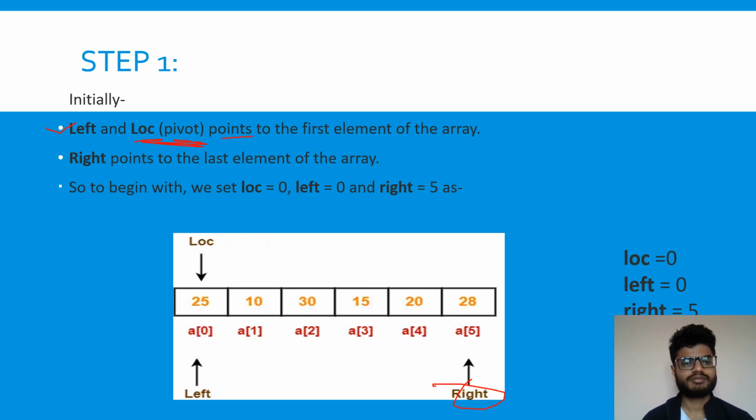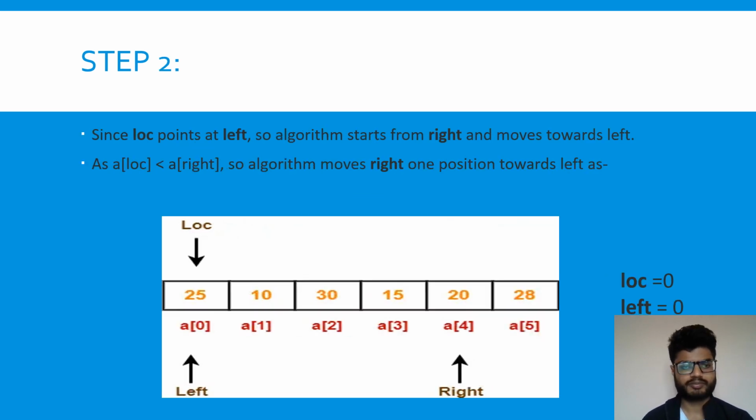So we begin this sorting. Here we first consider location at 0, left at 0 and right at 5, as I have written here. In step 2, since location points to left, the algorithm starts from the right. Wherever the location is pointing, we start from the opposite side.